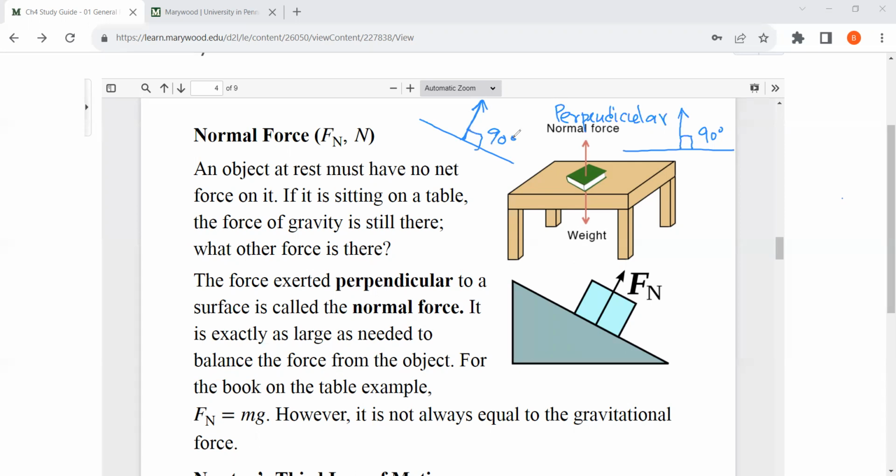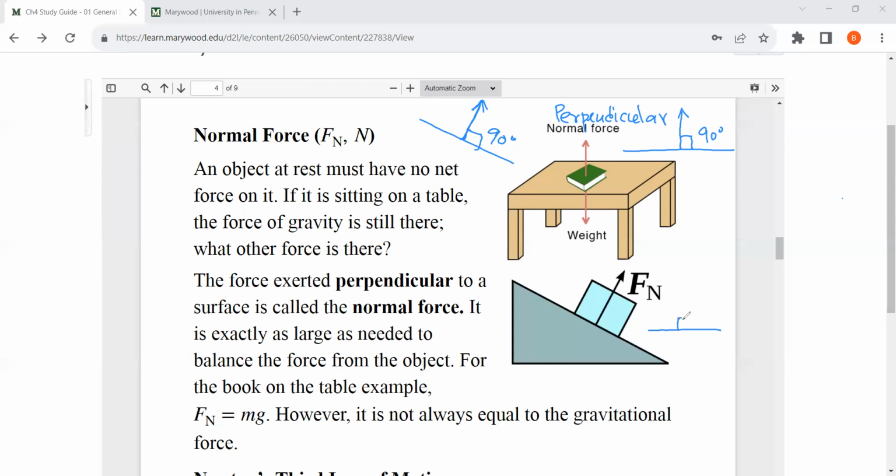So we have a normal force when the object is on some surface. If the object is not on some surface, there will be no normal force, there will be some other forces. A normal force is basically a contact force between the object and the surface.